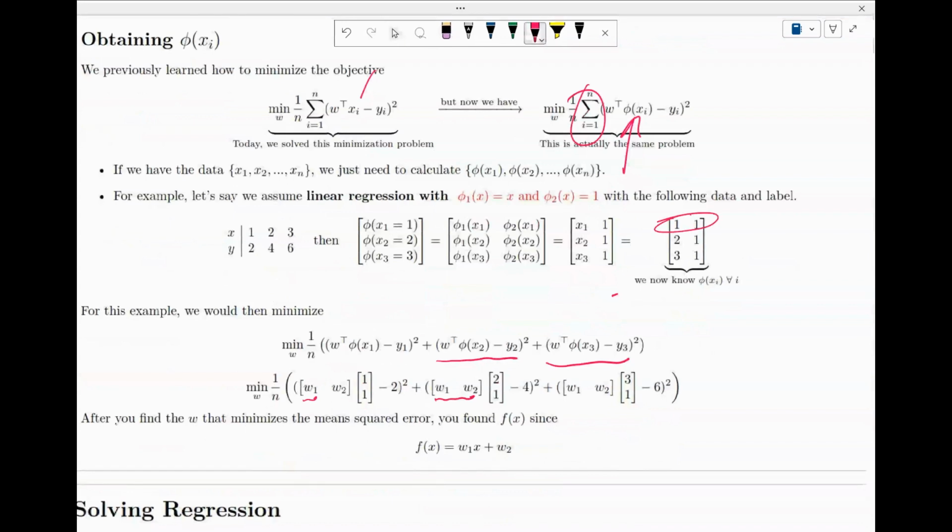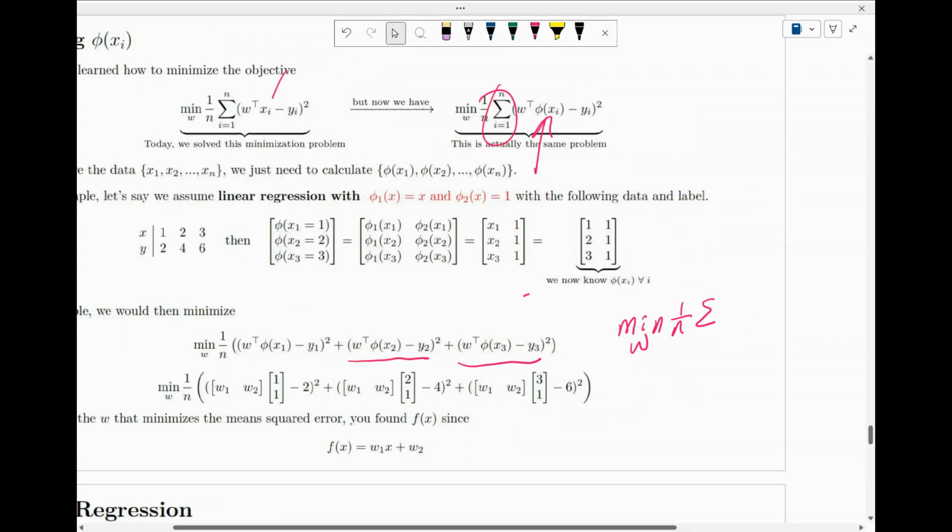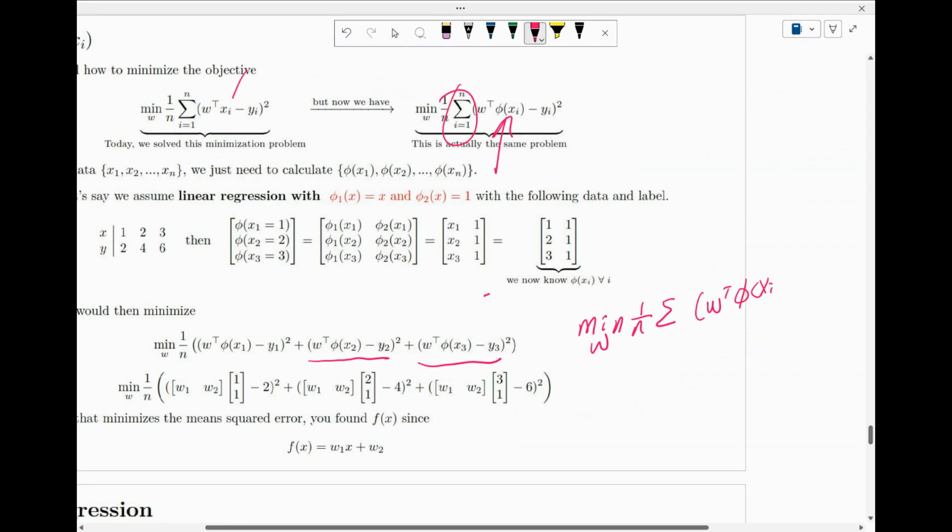And then W1, W2 times phi x2 is here. And again, phi x3 will be here. So now this right here is the expansion of 1 over n summation of W transpose phi xi minus yi squared.